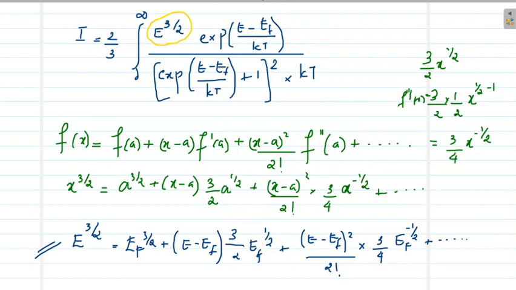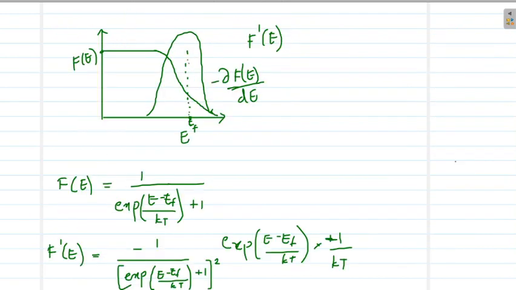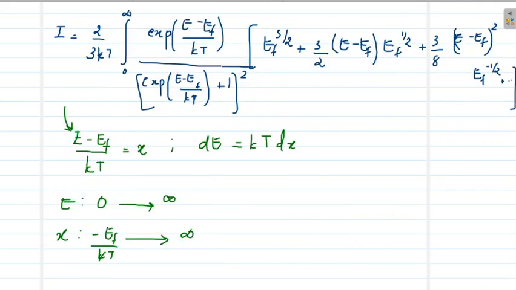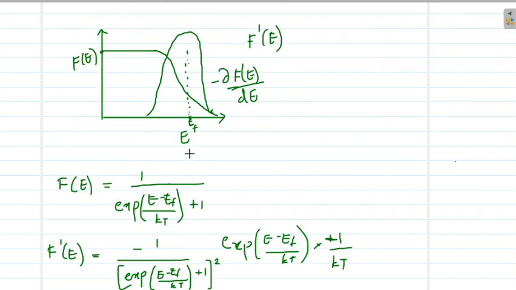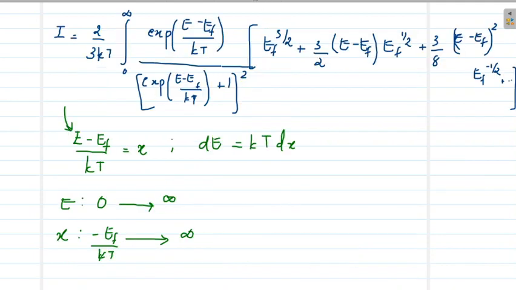So we have f dash of e as this term: minus 1 by the function square into the derivative of the function. And if you look into the integration that we have to carry out, we can see that this term, exponential e minus ef by kt divided by exponential e minus ef by kt plus 1 the whole square, is simply the f dash of e, right? Avoiding the constants, we simply have f dash of e to be integrated.